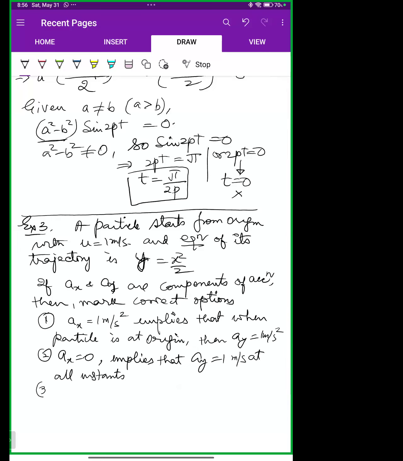Third option, at t equal to 0, the particle's velocity is in x direction.